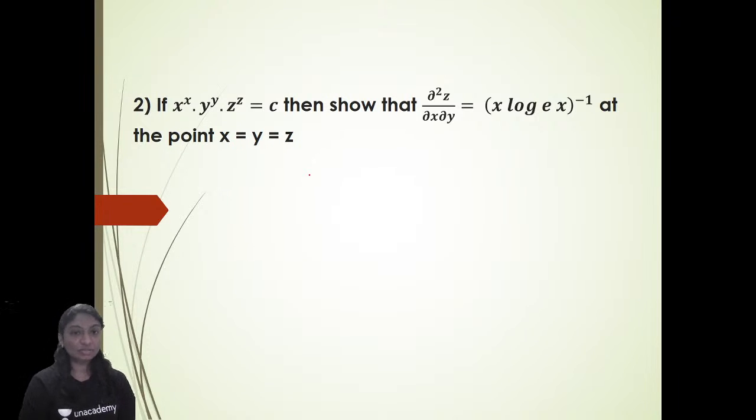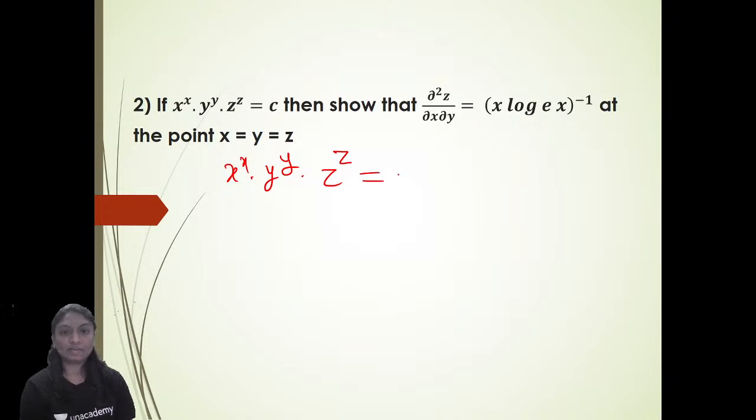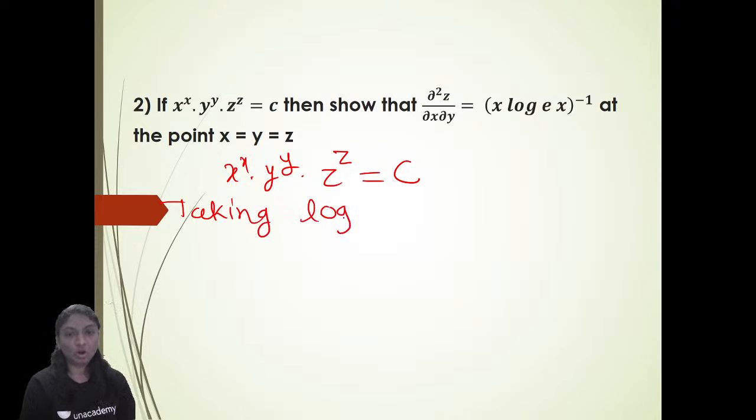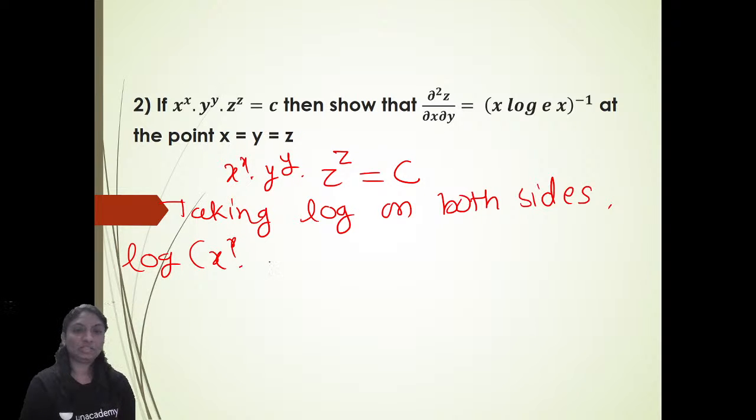So what will we do here? We will take log on both sides, so this will become simple. Okay, so x raised to x into y raised to y into z raised to z is equal to c. Taking log on both sides, we will get log of x raised to x into y raised to y into z raised to z is equal to log c.